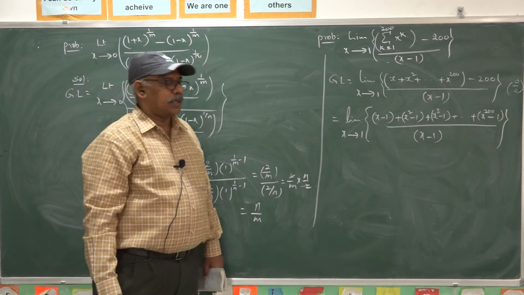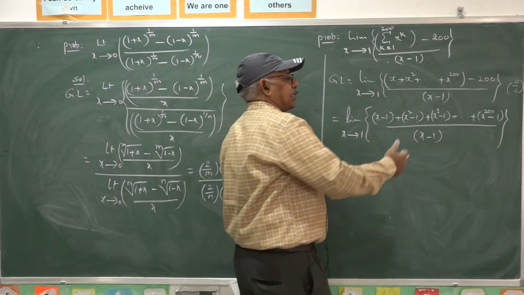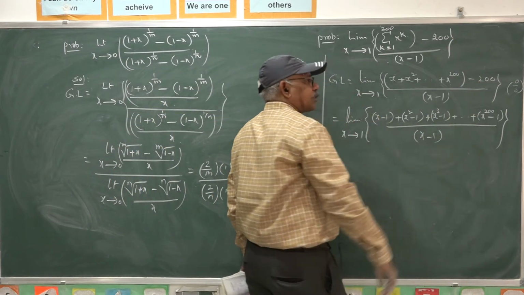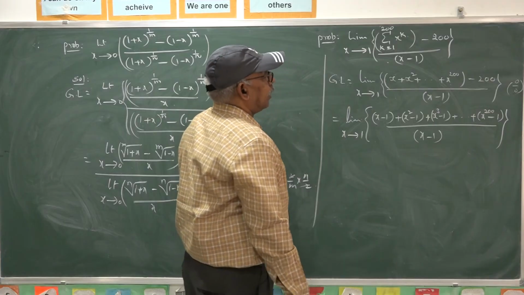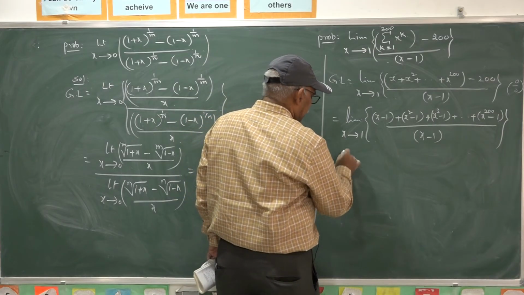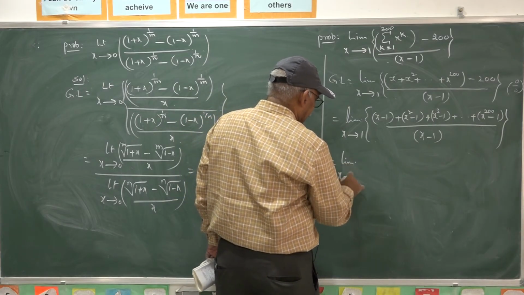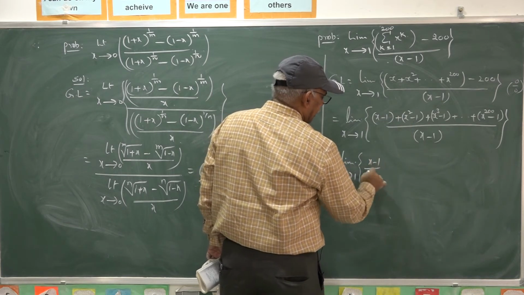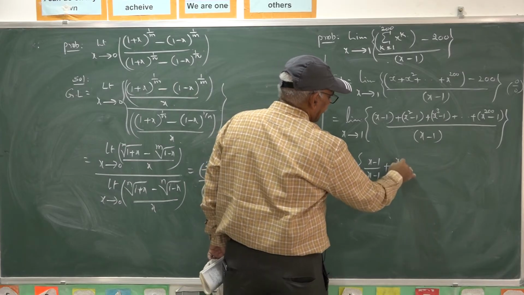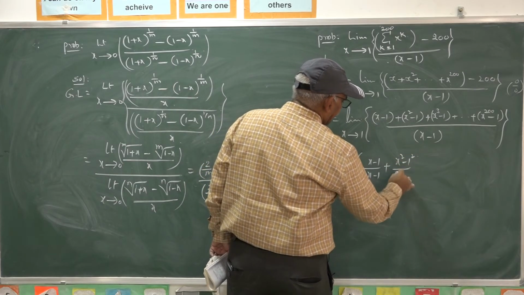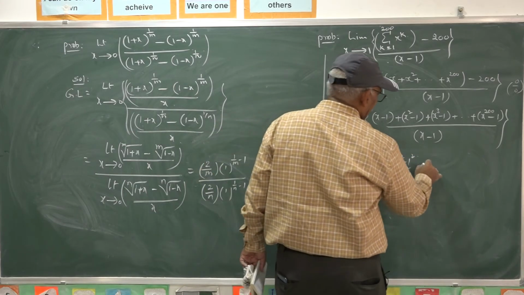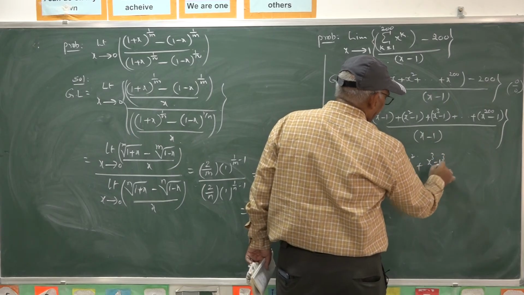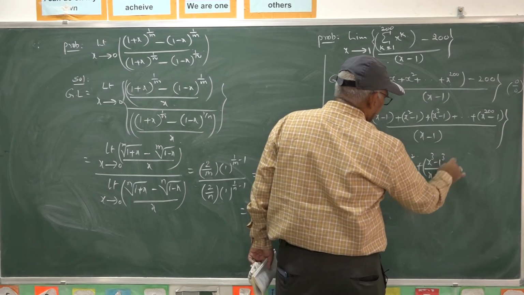1 by x square minus 1 plus x cube minus 1, and like that x power 200 minus 1. Now, this limit may be expressed as, divide each term with the denominator, x minus 1 here, x square minus 1 square by x minus 1 here, x cube minus 1 cube by x minus 1 here.